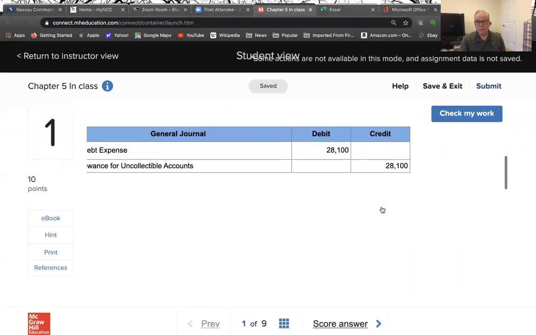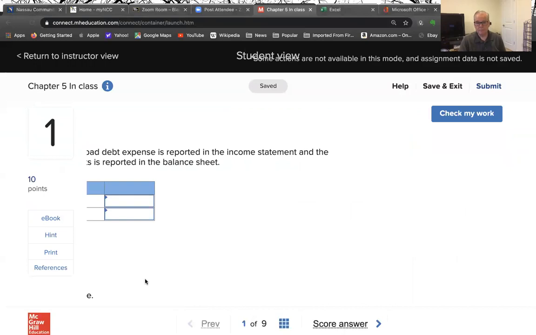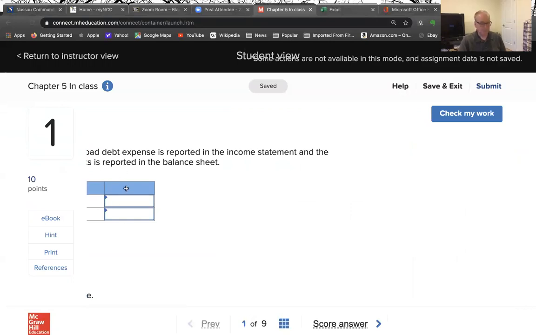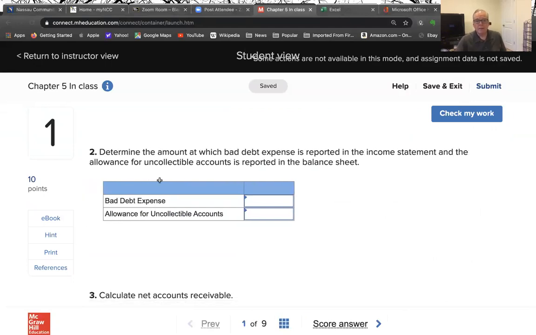Now let's go to the next part of the question. Determine the amount at which bad debt expense is reported on the income statement and the allowance for uncollectible accounts reported on the balance sheet.